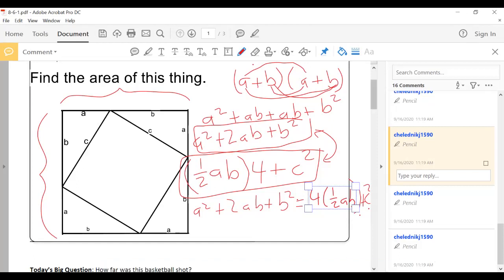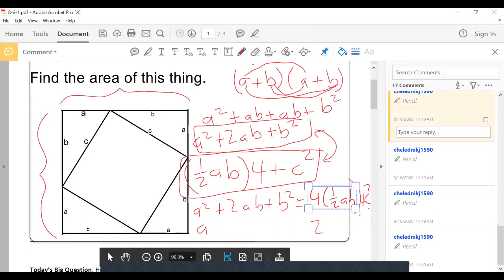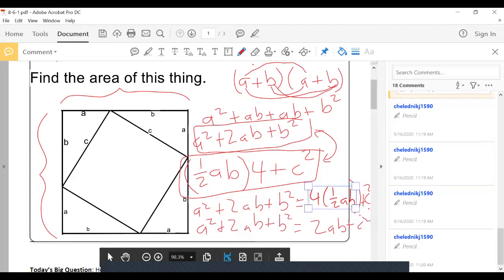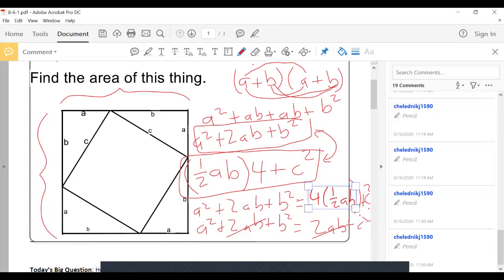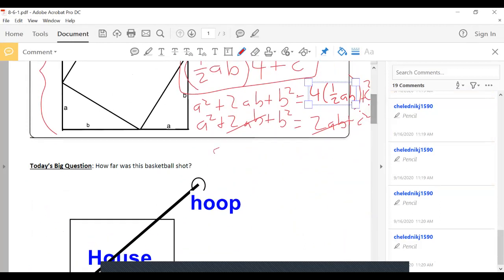All right, anyway, so if we do 4 times 1/2, that comes out to 2. So we end up with A squared plus 2AB plus B squared equals 2AB plus C squared. There's a 2AB on both sides, so those will cancel out, which leaves us with this equation, A squared plus B squared equals C squared.